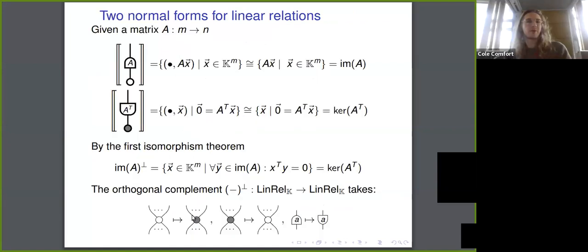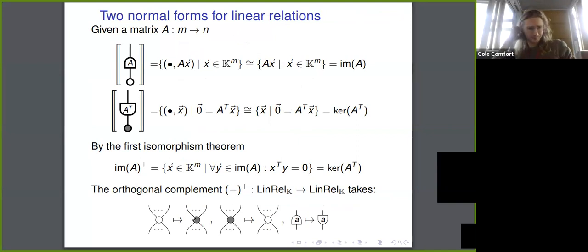And what's really cool, in my opinion, about the prop of linear relations as opposed to just matrices is that we can do some linear algebra using only pictures, that if you were to work with matrices, you have to do some sort of exterior reasoning outside of the pictures to talk about.